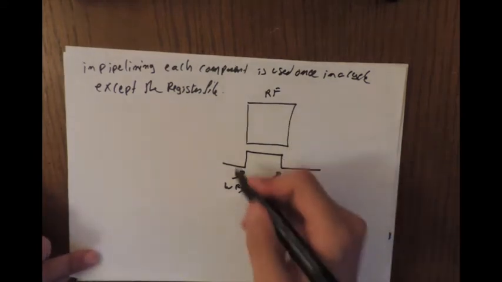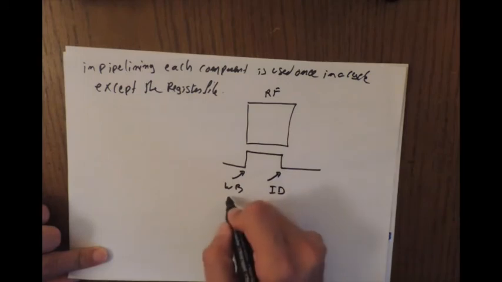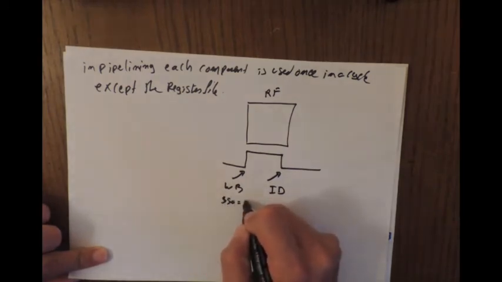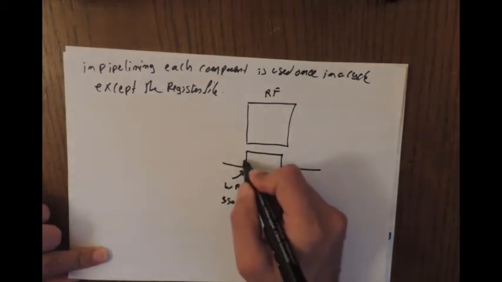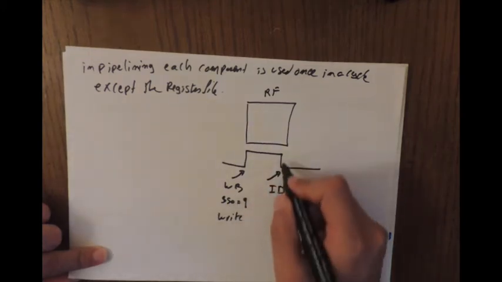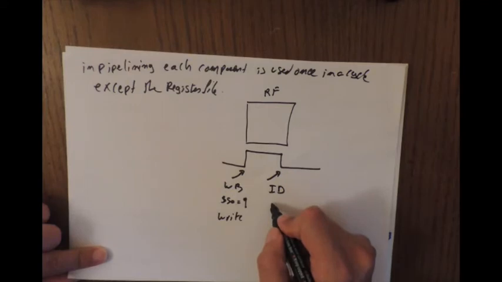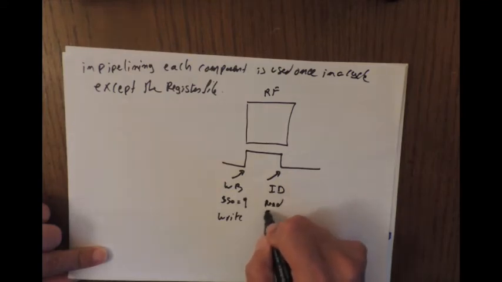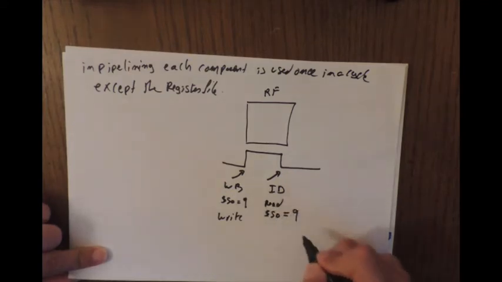So in this case, if I have here $S0 is equal 9, on the rising edge I will write, and on the falling edge I'm gonna say, okay, now I can read S0 to the correct value, which is 9.